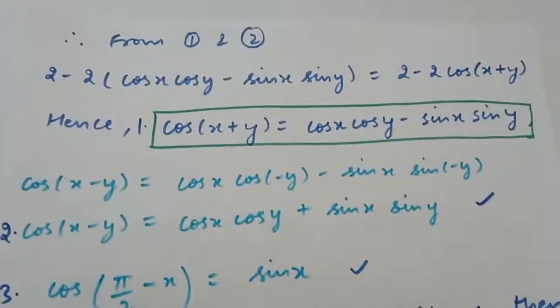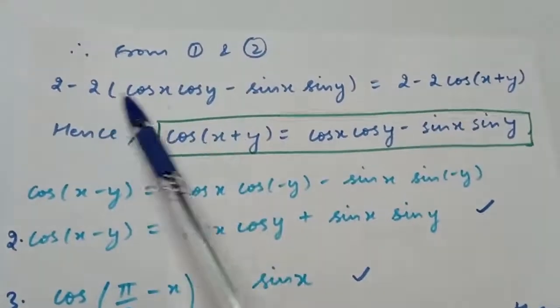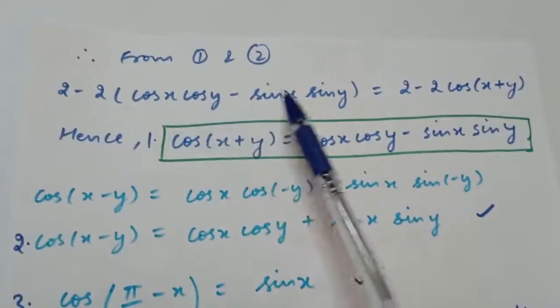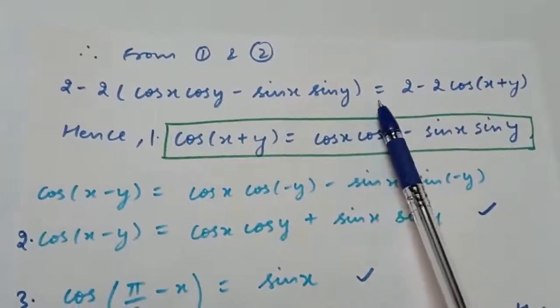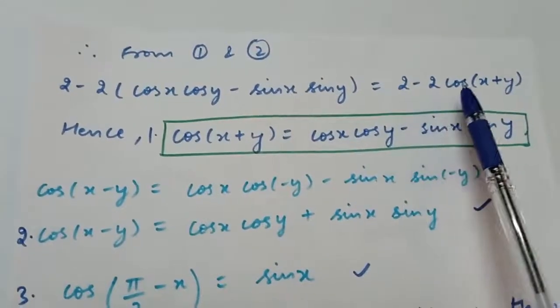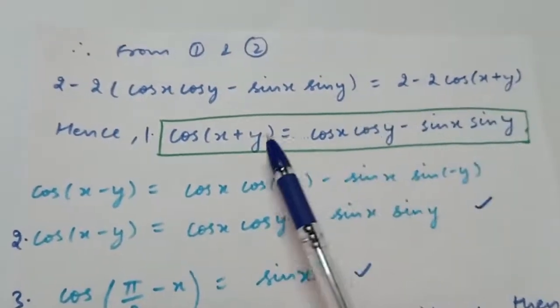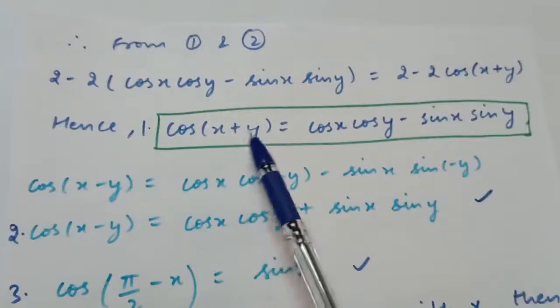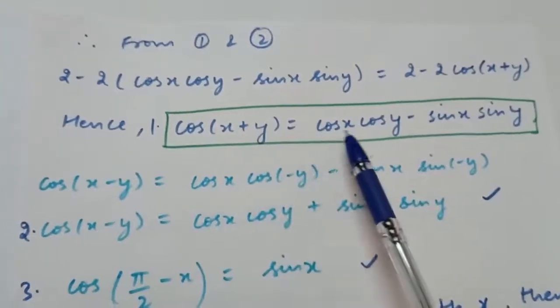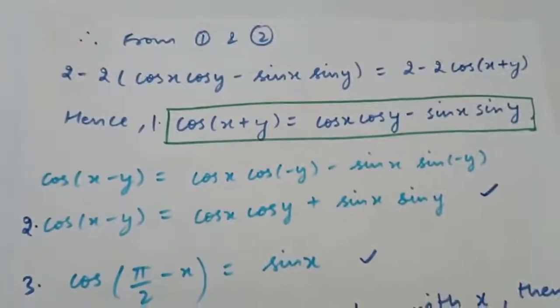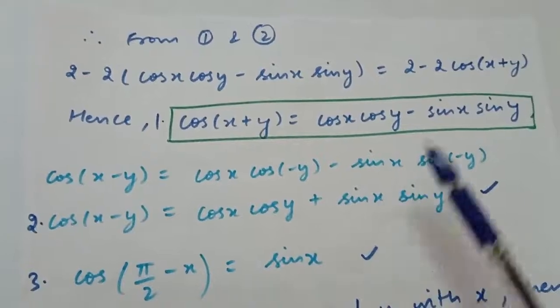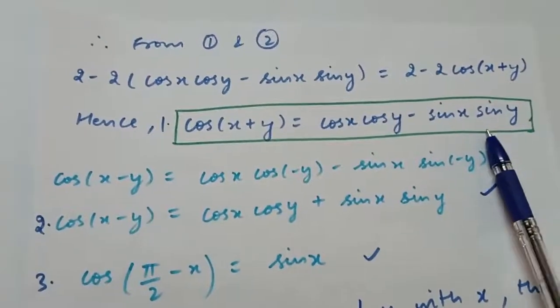Therefore 2 minus 2 into (cos x cos y minus sin x sin y) is equal to 2 minus 2 into cos(x plus y), and from this you will get the formula of cos(x plus y), which is equal to cos x cos y minus sin x sin y.